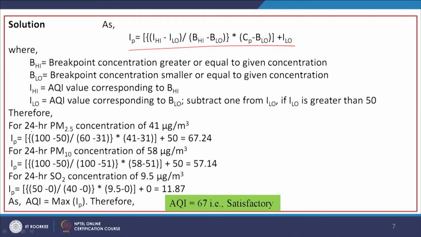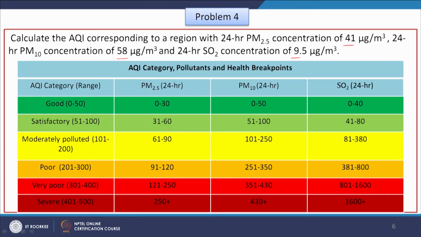In this case, for 24-hour PM 2.5 concentration, what is our Cp value? Cp value is 41 microgram per meter cube. So what will be our IHI and ILO? 41 means it is coming in this category. So this is IHI and this is ILO, but ILO here is greater than 50, it is 51, so we will consider it as 50.